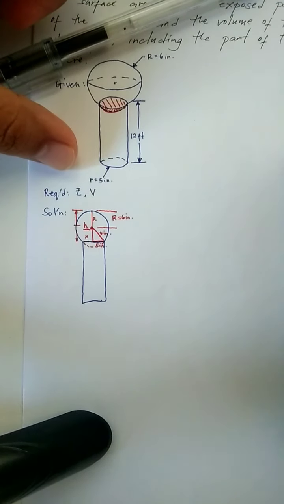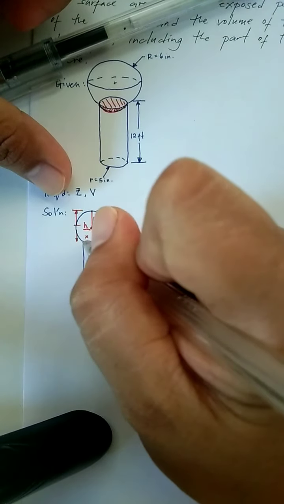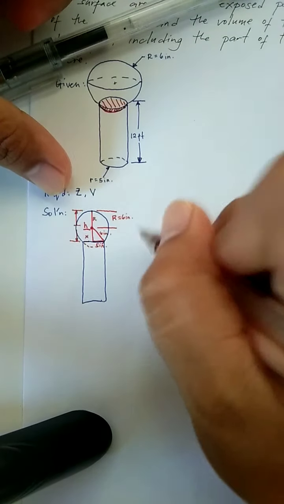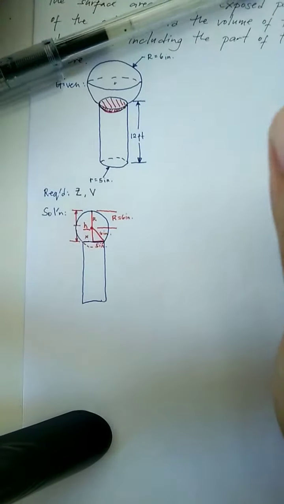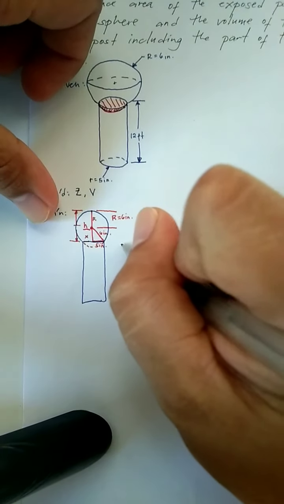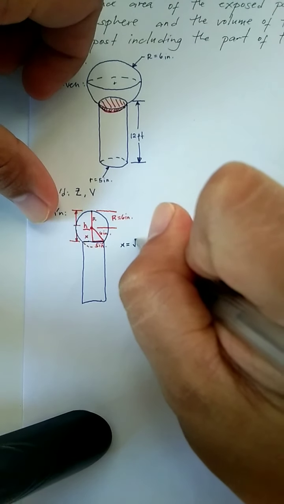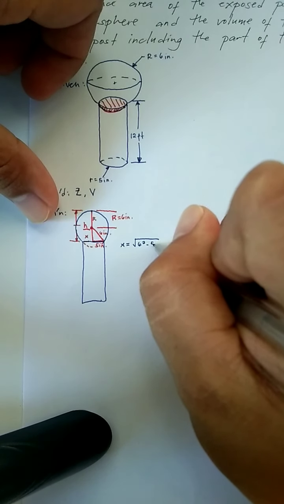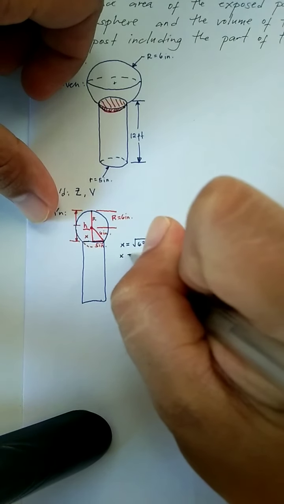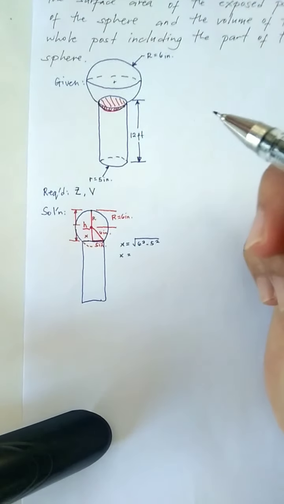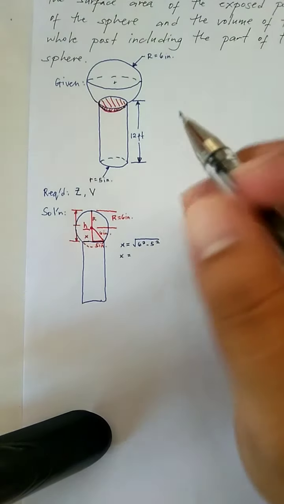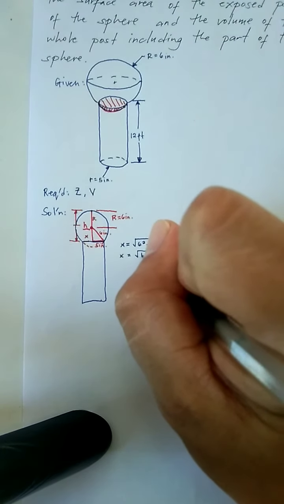Let's solve for x. X is equivalent to the square root of 6 squared minus 5 squared, so that's the square root of 11.